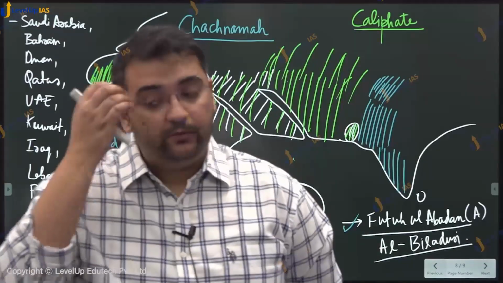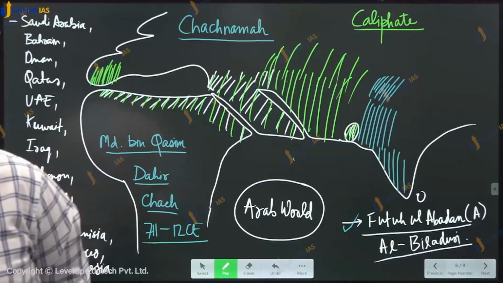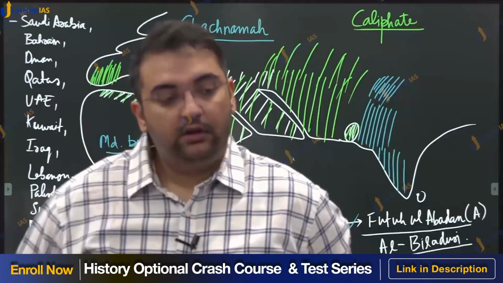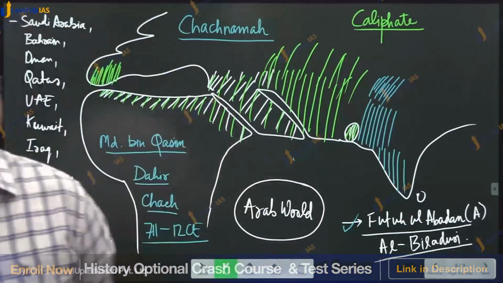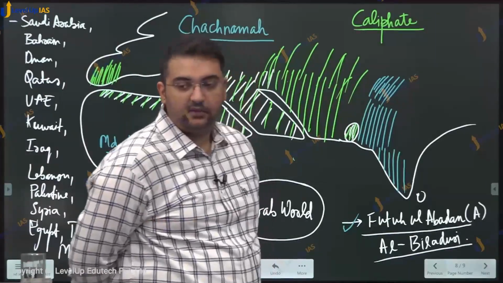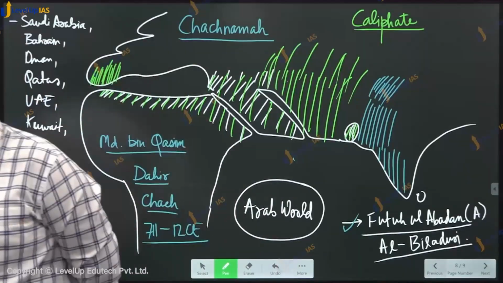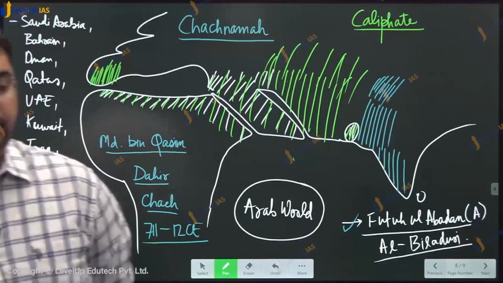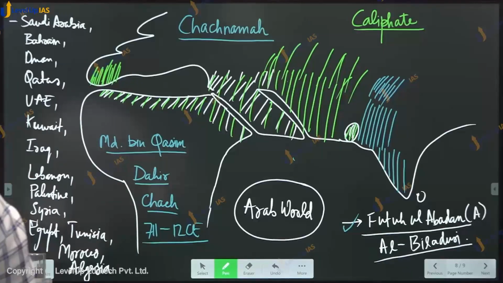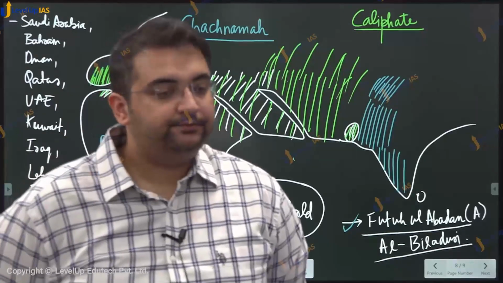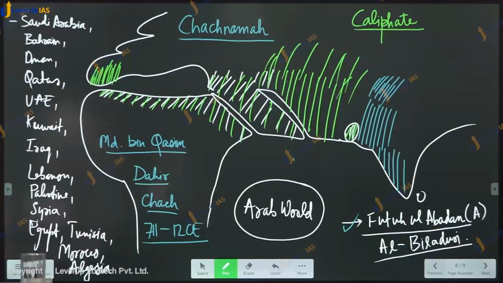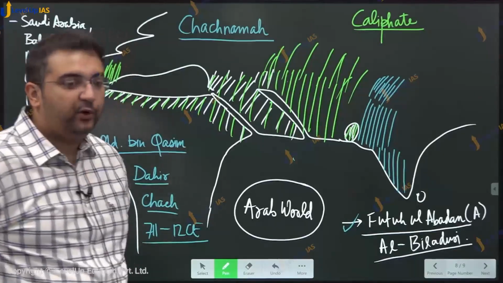Within a short period, comma, Iran, Central Asia, North Africa, and even parts of Spain were conquered. Full stop. Next point.